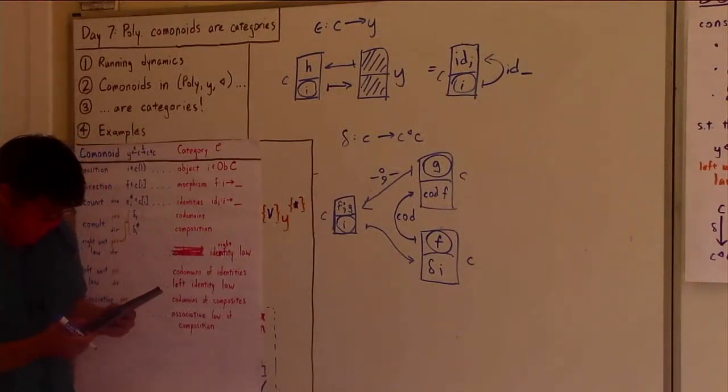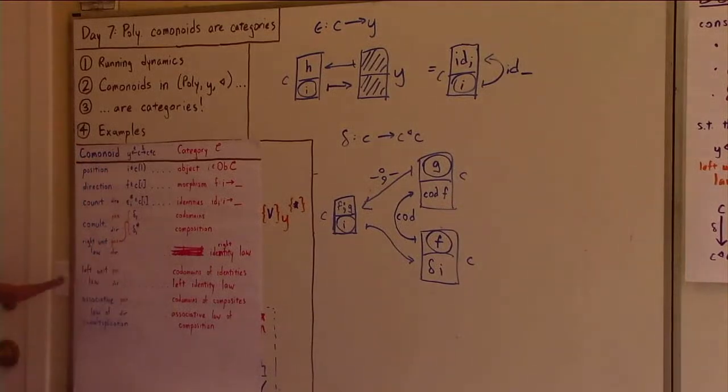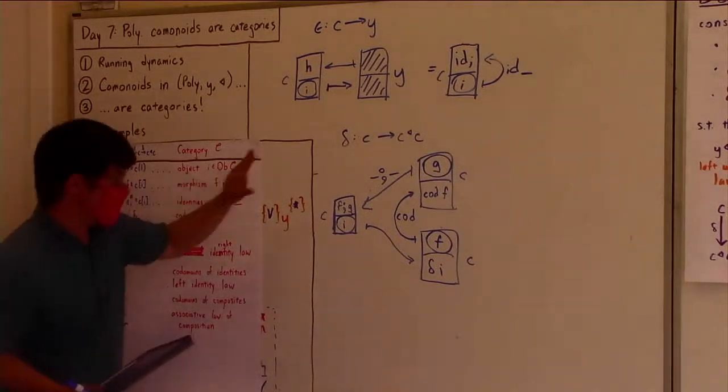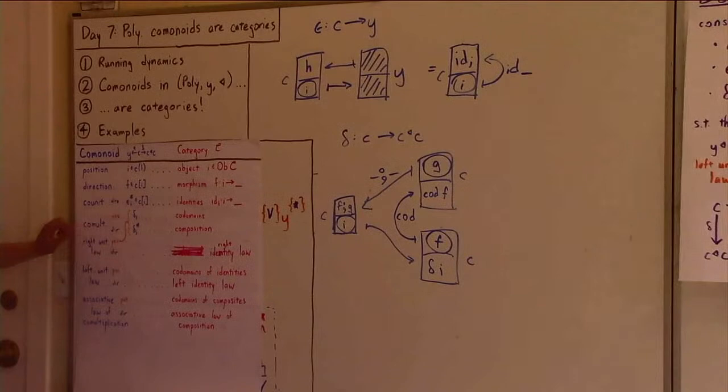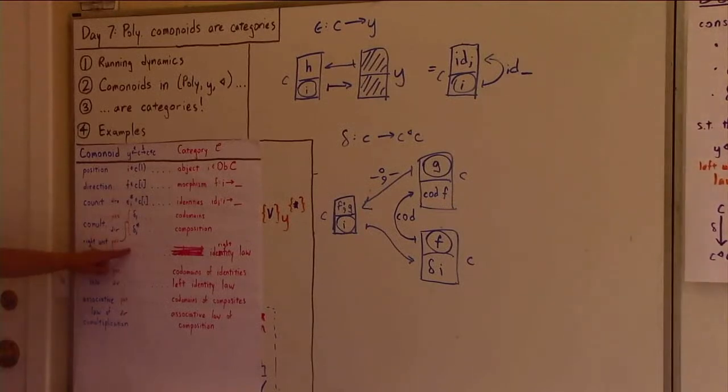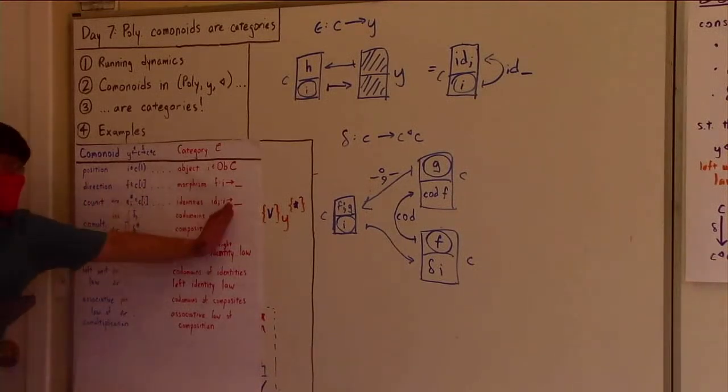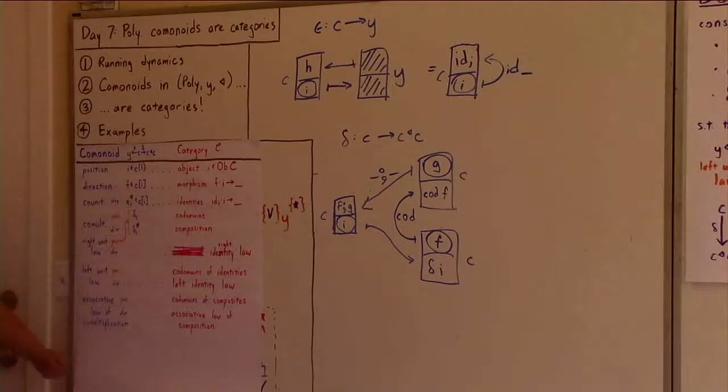Now, okay, let's see what the laws say, because there's something a little tricky going on here. Well, the right unit law, we'll start with the right unit law, and you'll notice that I've marked that the right unit law on positions actually helps tell us the codomains and the composition.